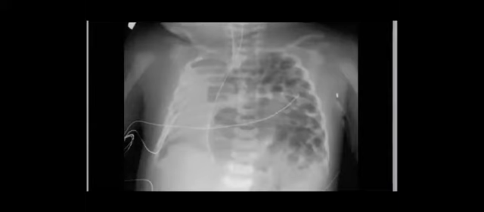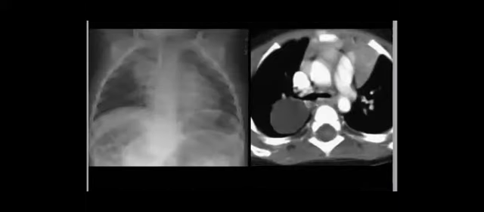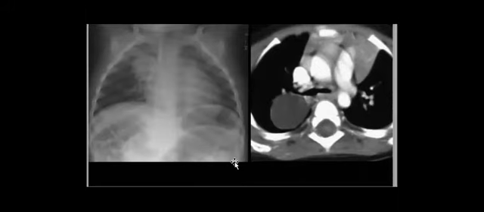Okay, so can you describe it here? Would you put it as anterior mediastinum, middle mediastinum, posterior mediastinum, or not mediastinum at all? So do you remember the rule when we talked about the differentiation between mediastinum or pulmonary?